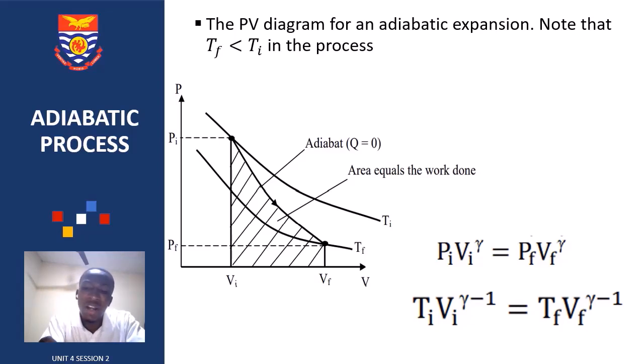Because n and R are constant, we can also write an alternative form, that's T V raised to the power gamma minus 1 equals a constant, which when the gas goes from i to f, we can say Ti Vi raised to the power gamma minus 1 equals Tf Vf raised to the power gamma minus 1.